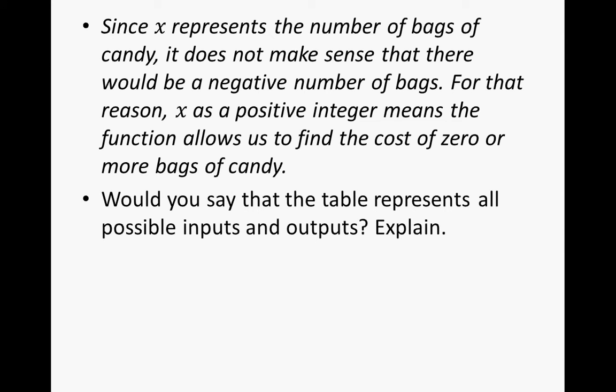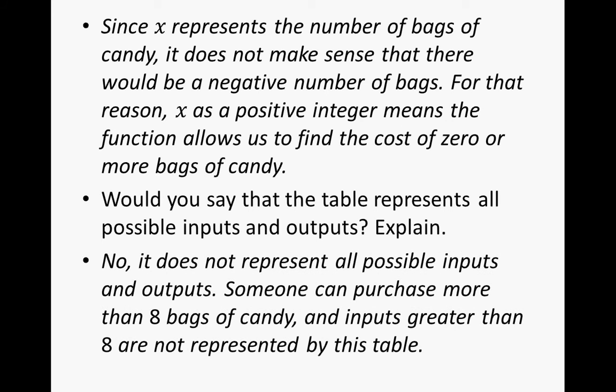Would you say that the table represents all the possible inputs and outputs? Well, no, it does not represent all possible inputs and outputs. Someone can purchase more than 8 bags of candy, and inputs greater than 8 are not represented by this table.